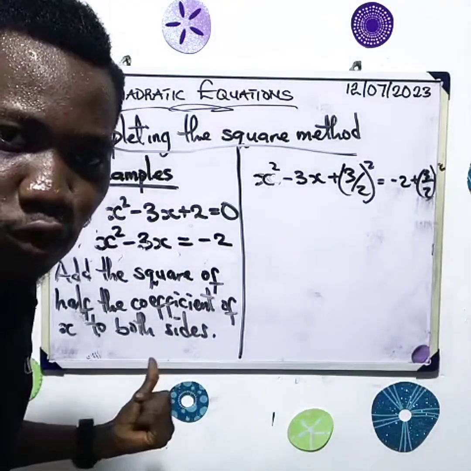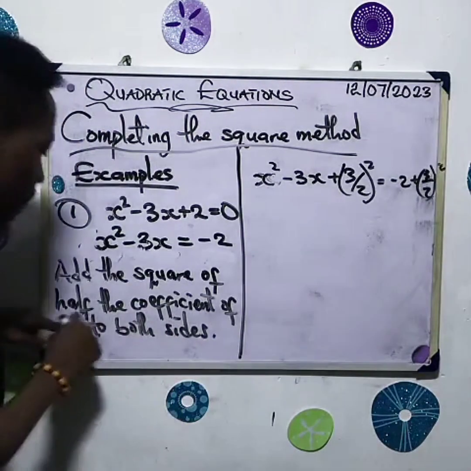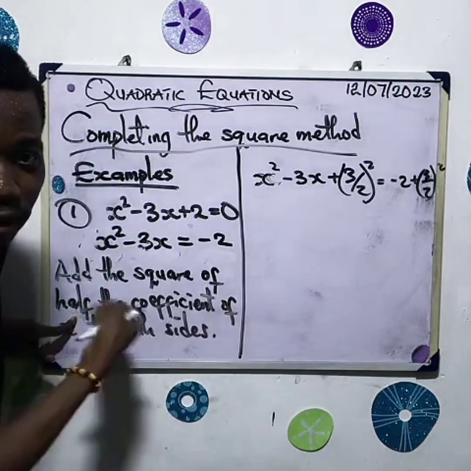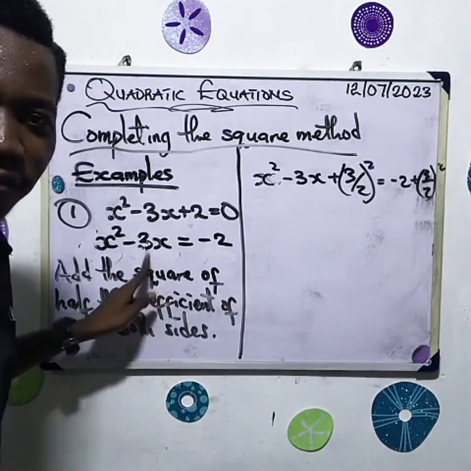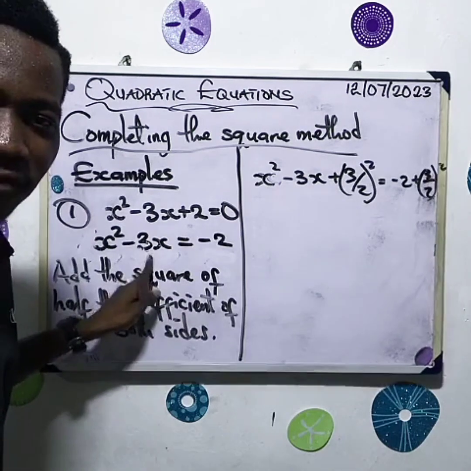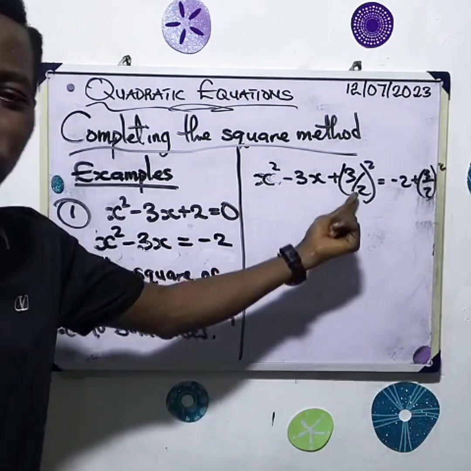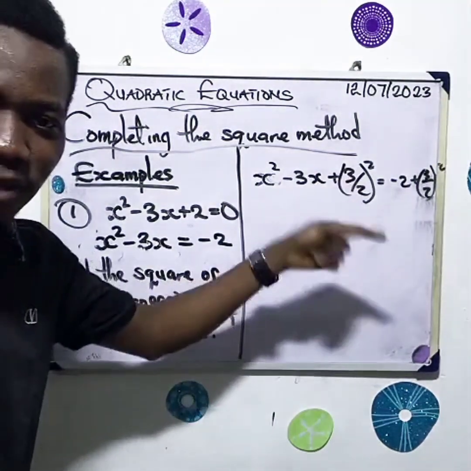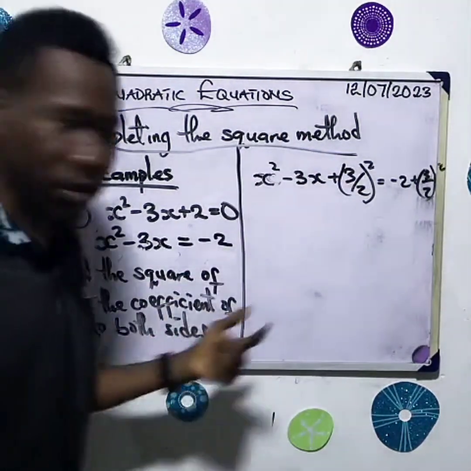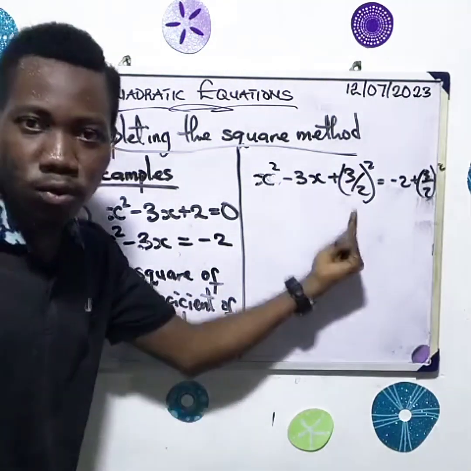Where is the 2 coming from? Yes, that's where half. Half means divide by 2. If it's a number that can give us a whole number, if this were to be 4 divided by 2 is 2, we just write 2. There will be no need for us to write 4 over 2, alright? But 3 divided by 2 is giving us a remainder and all of that. So just write your 3 over 2 squared.